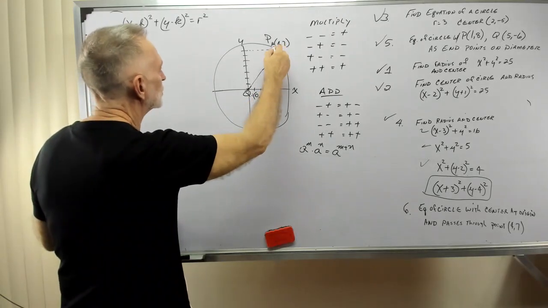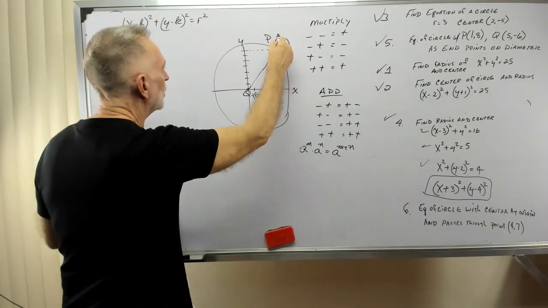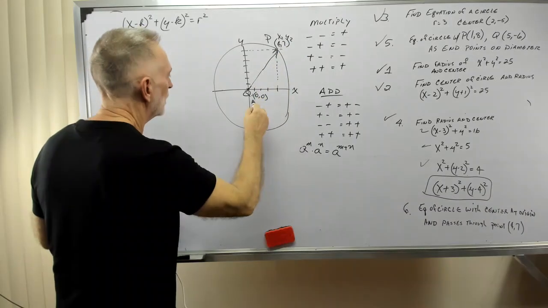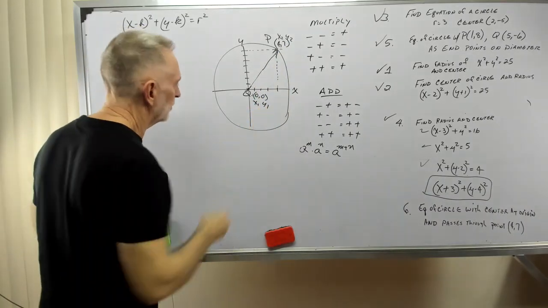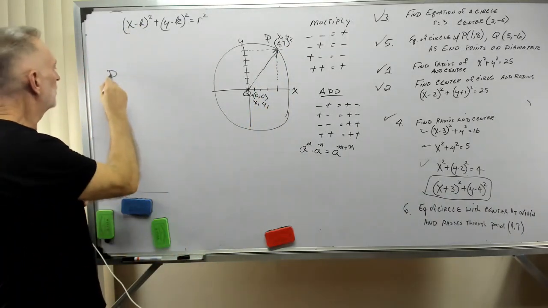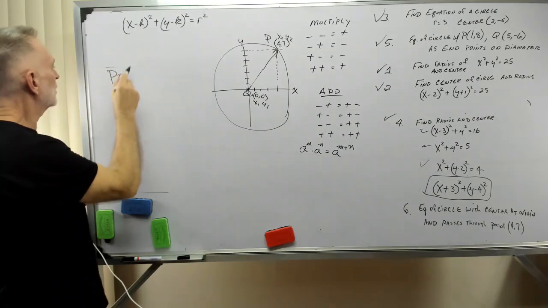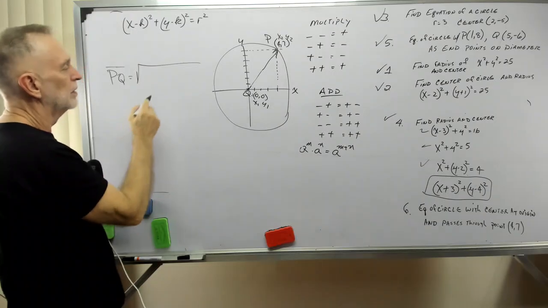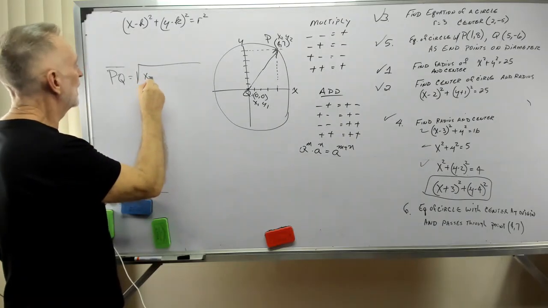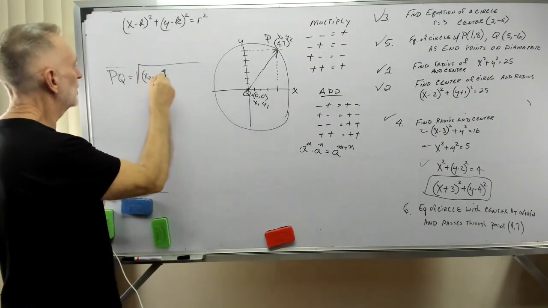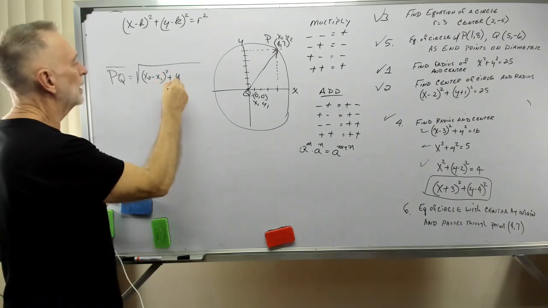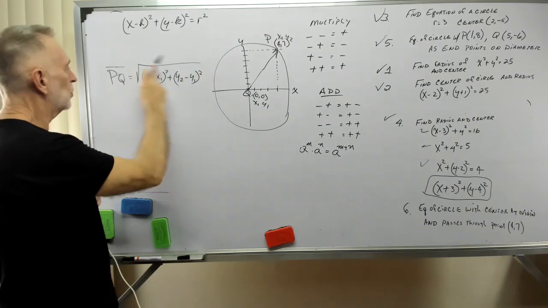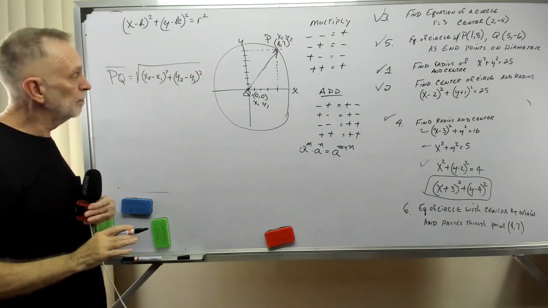And this is, we'll call that x2, y2, x1, y1. All right. The length of PQ, that segment, equals the square root of x2 minus x1 squared plus y2 minus y1 squared, and the square root of that sum.